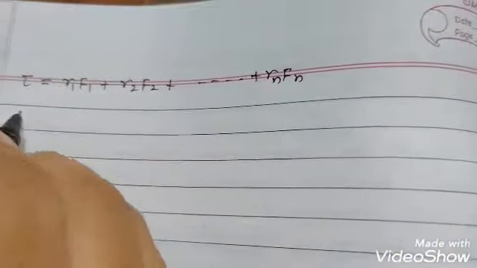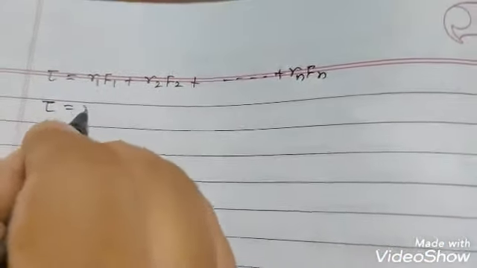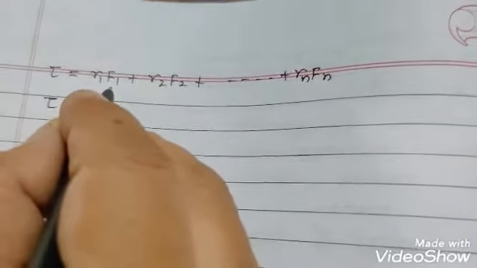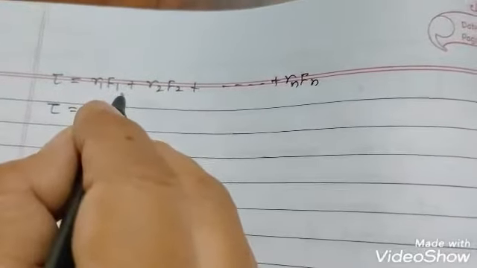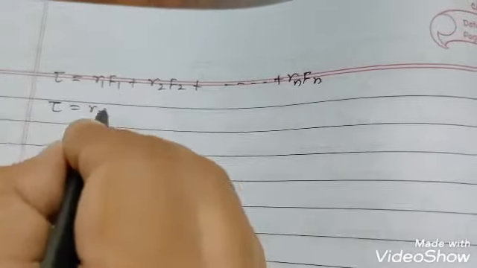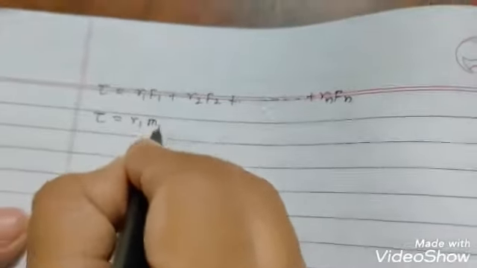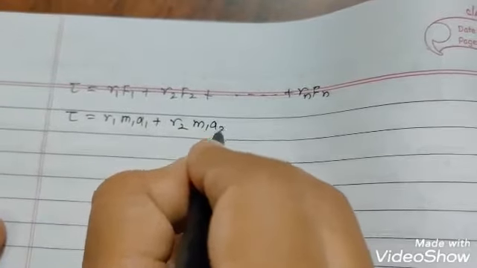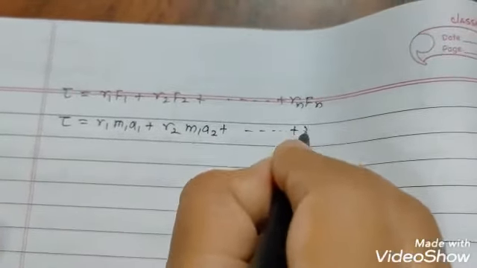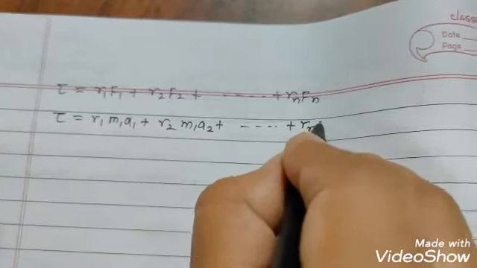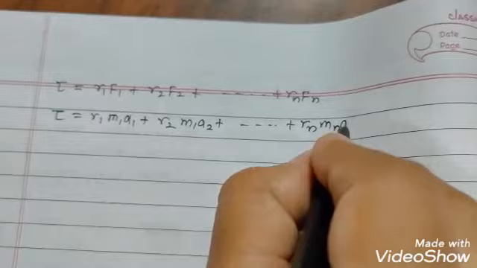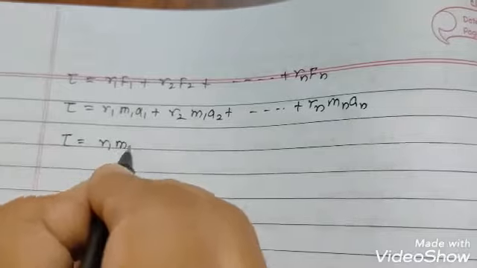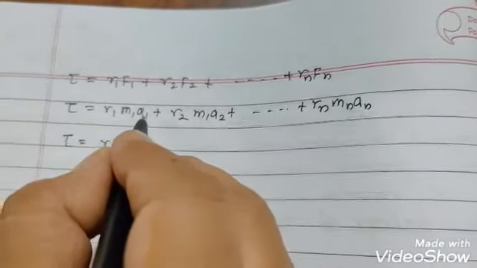Now from Newton's second law of motion we know that the force is equal to mass into acceleration, and this acceleration is the linear acceleration. So in place of f1 we can write m1 a1, in place of f2 it is m2 a2, and so on till mn an. Now the torque is equal to r1 m1 a1.